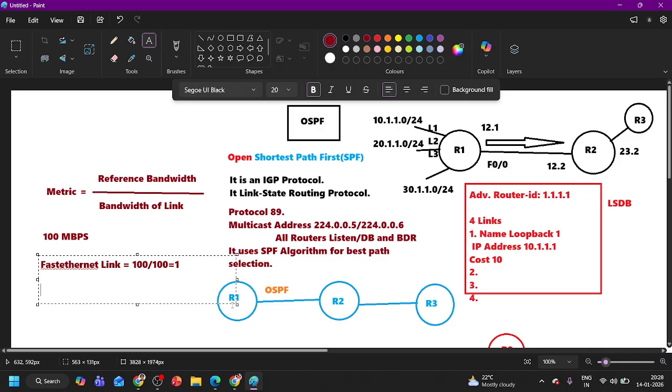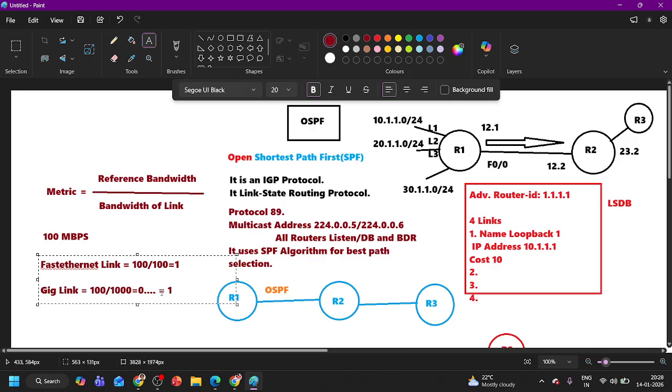And on a gig link, what will the metric be? 100 divided by 1000. It is going to be 0 point something, 0.1, and it will consider that as 1 only.